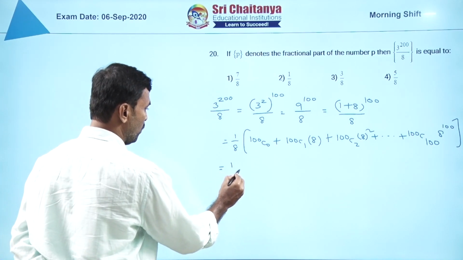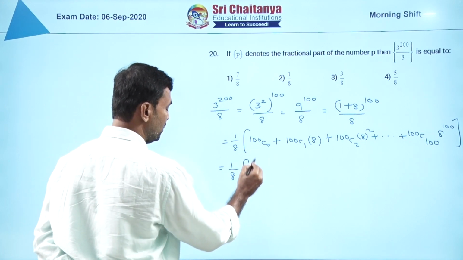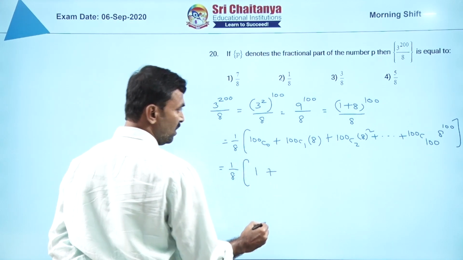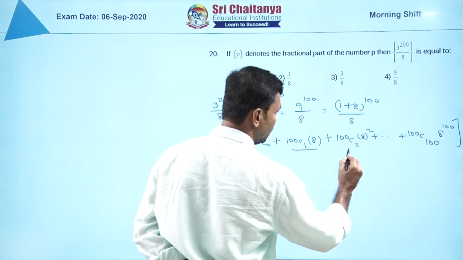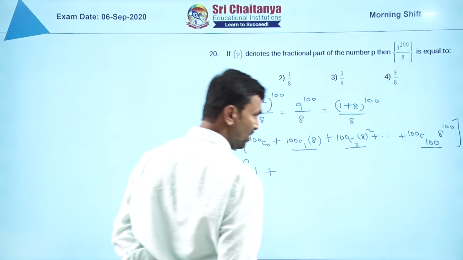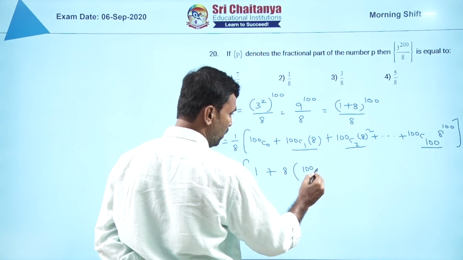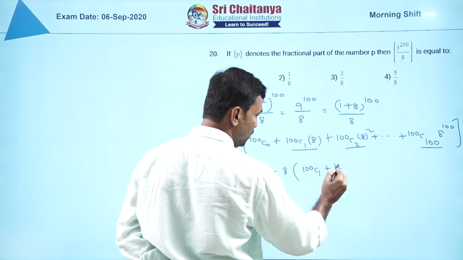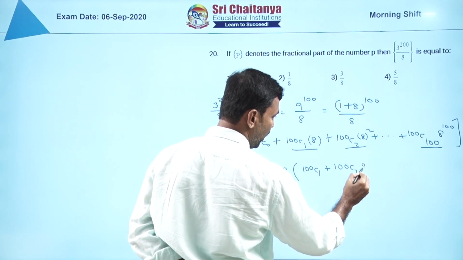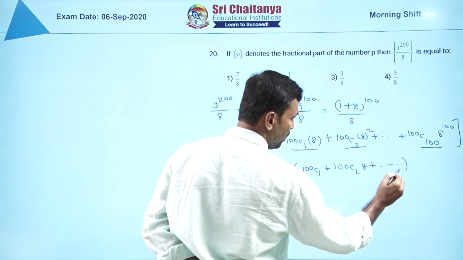Now, 1 by 8 times this: 100 C naught is 1, plus, from the second term onwards, in each term you have 8. So you can take 8 common, then I will get 100 C 1 plus 100 C 2 into 8 plus so on.